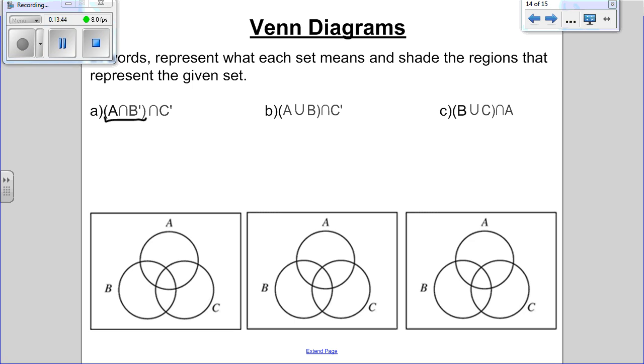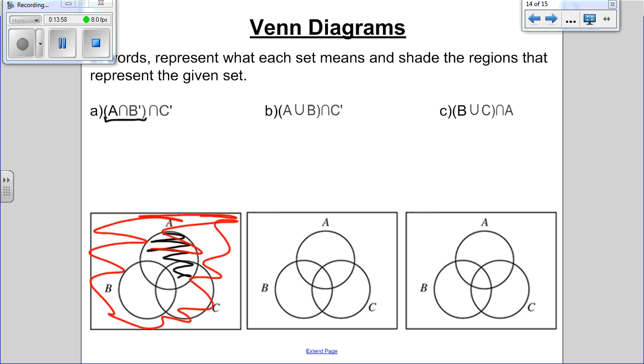So if I'm shading that out, all things in A, all things not in B, would be that. And if I'm looking for the "and," where do these two things overlap each other? Where's the overlap on this if we're shading this in?